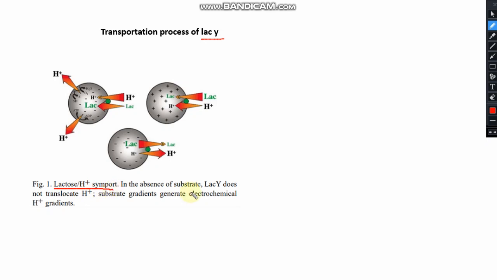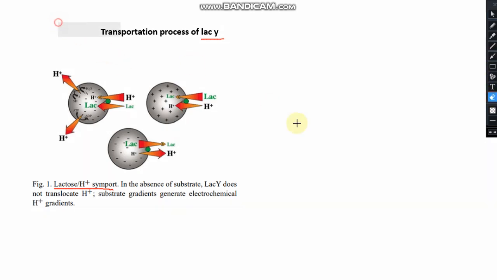Lac-Y utilizes the free energy released from the downhill translocation of the proton, and this energy is used for driving the accumulation of the galactosides against a concentration gradient. This is the main basic part of this transportation process. If you would like to know in detail, you can go through that paper.